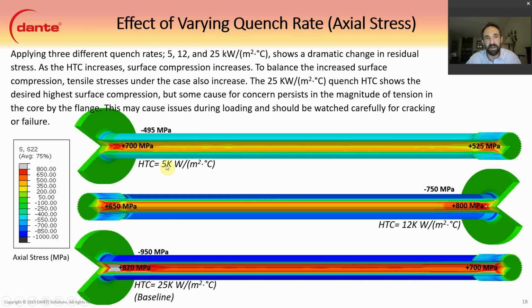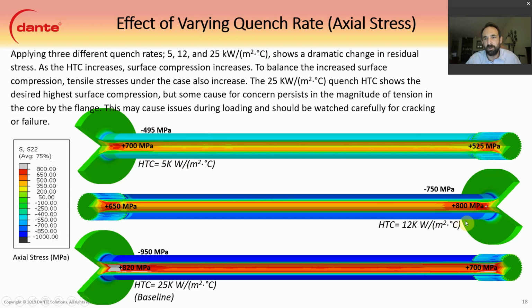So all the way down at 5 kilowatt per meter squared C, we end up with about 700 MPa, but we also have dropped the surface compression nearly 450 MPa, which is fairly substantial, but the part should survive with this stress level.